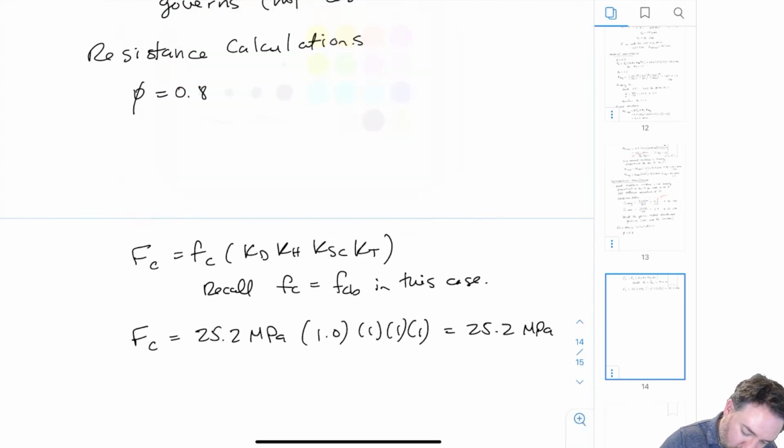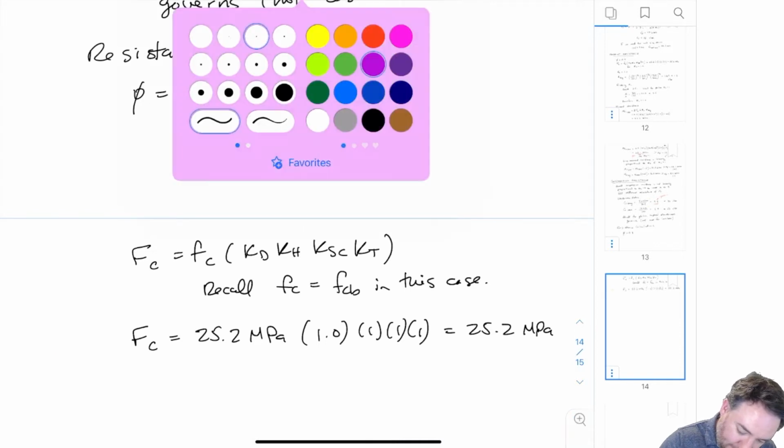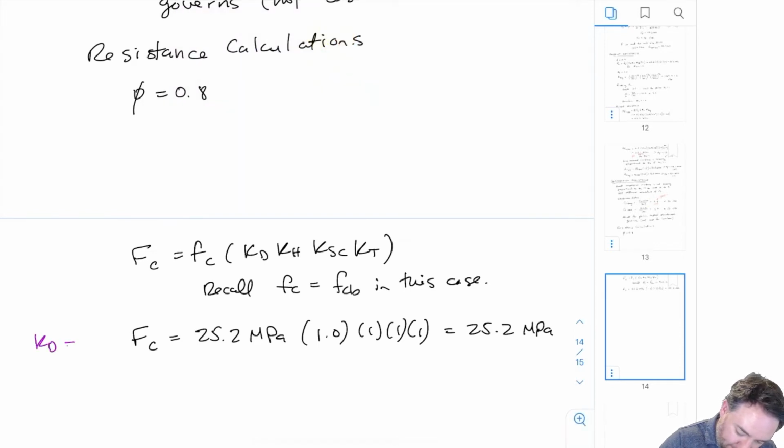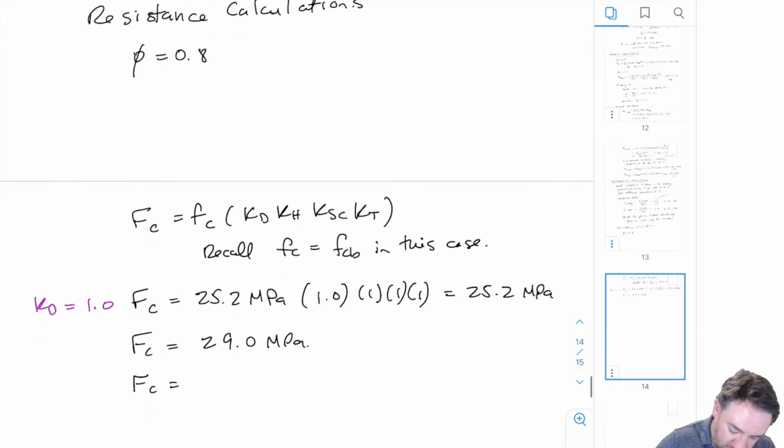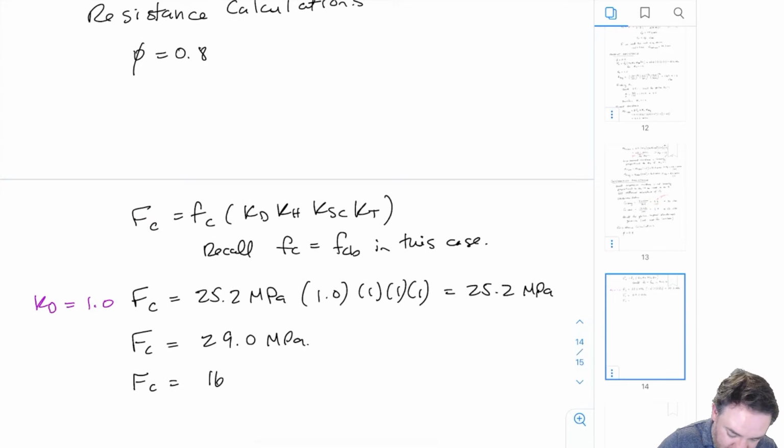And that is for KD equals 1.0. Okay, then we're going to do the same thing for short term, and we're going to get 29.0. And for long term, we're going to get 16.4.